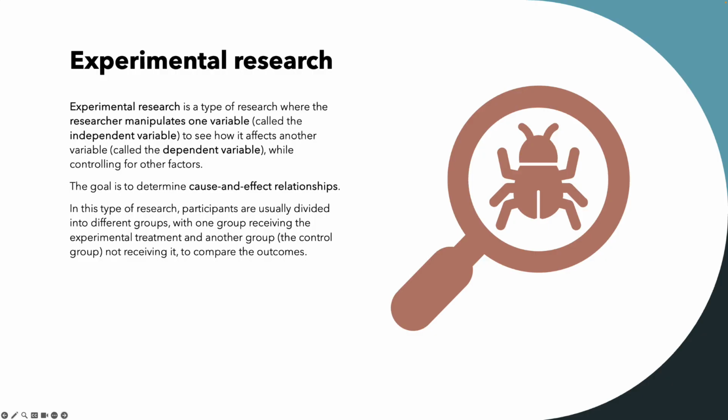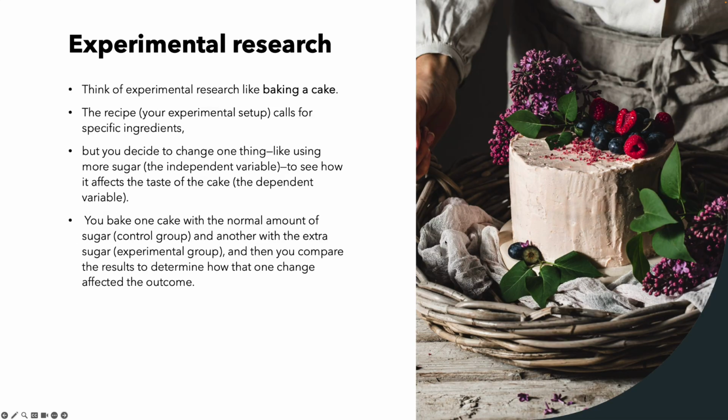So to give you another example of experimental research, I have an analogy here. I love using analogies. So let's say we wanted to bake this beautiful cake. It looks like we have some raspberries, some blueberries, some figs, lilacs, right? Possibly a buttercream icing there. So in experimental research, think like we're making a cake, right? We have the recipe. The recipe is the experimental group, right? Nothing's assembled yet.